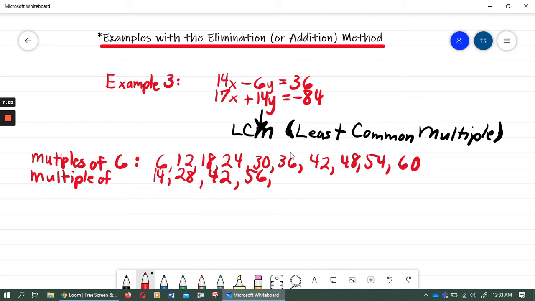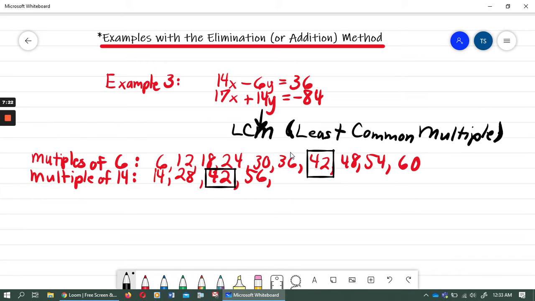So a multiple that they both have in common, and you should be able to tell exactly what the smallest multiple that they have in common is. And guys, if you're looking at what I'm looking at, that's the number 42. 42 is the least common multiple.